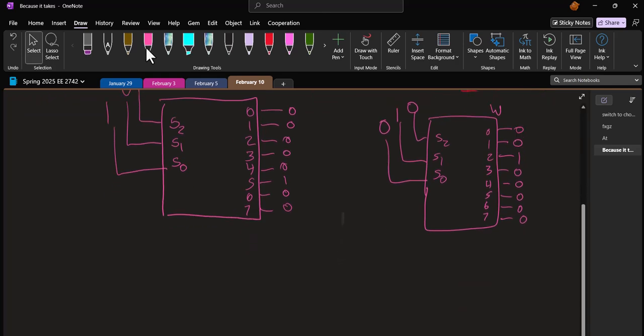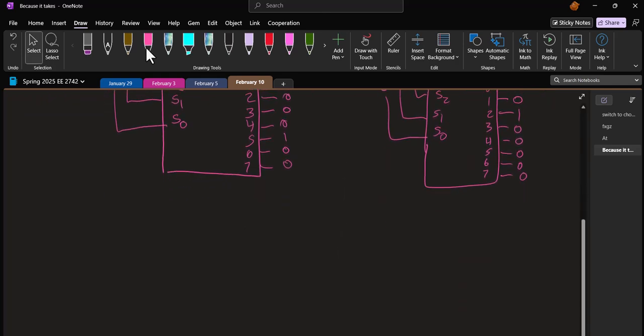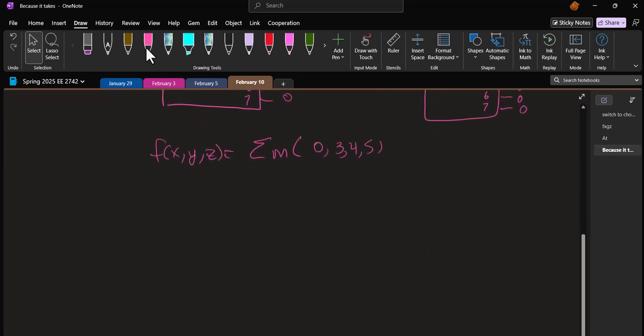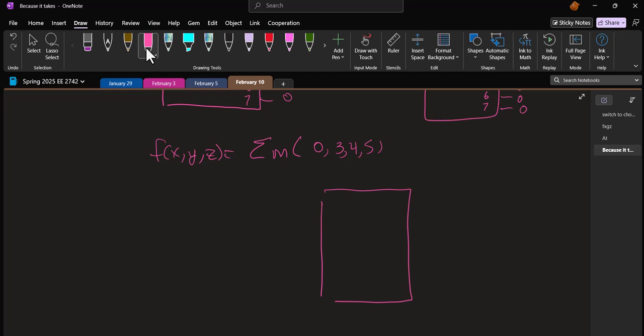So let's say that we had a 3-variable function. Let's pretend I had a function f of x, y, z equal to the sum of the min terms 0, 3, 4, 5. Then I could use a decoder for this in the following way. I could have x going into S2, y going into S1, z going into S0, and outputs 0 through 7.